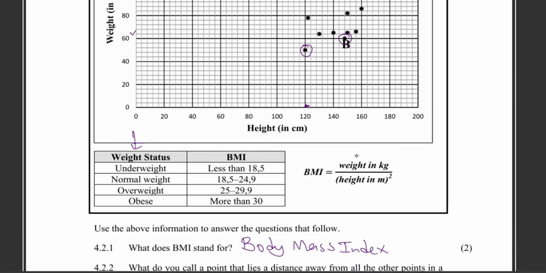So the height is in between 140 and 160. And each line, let's count, we say 1, 2, 3, 4, 5. That means each line represents 4. This is 144.